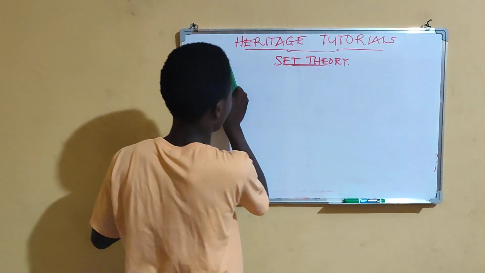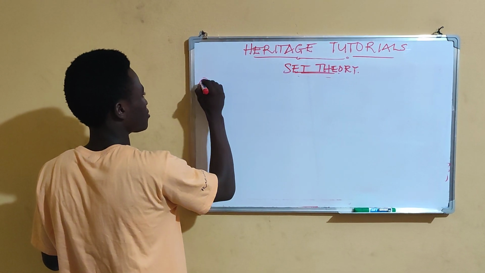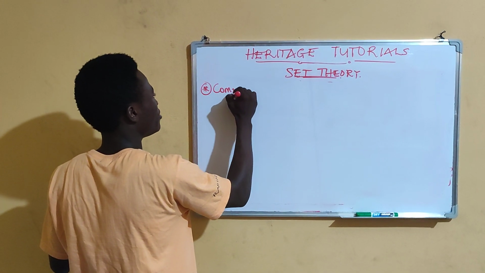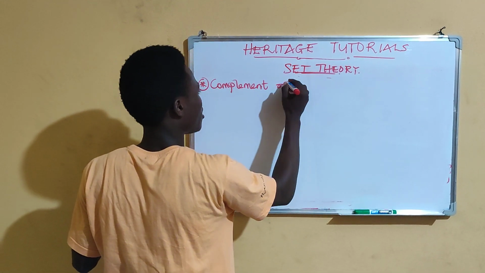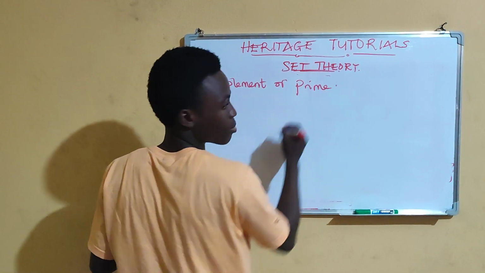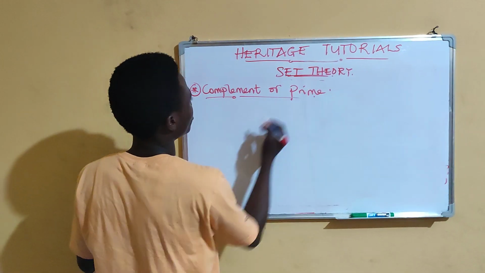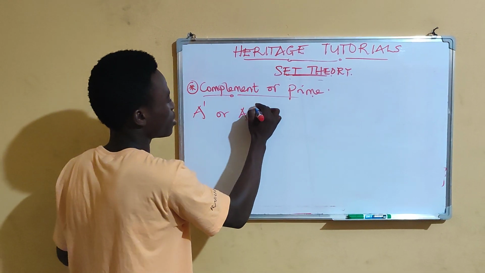Then also we have complement. Another word for complement is prime. They call it complement or they call it prime. So for example, I can ask you to find A prime or A complement.